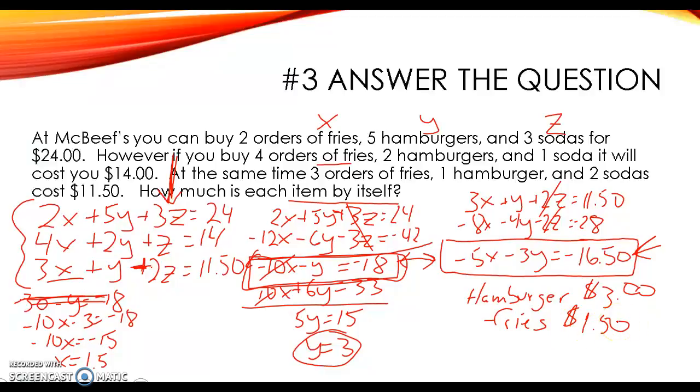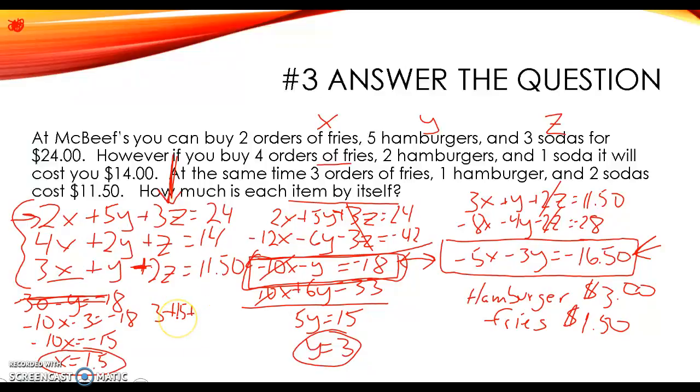Then I have one more that I need to find, and that is the sodas. So now I need to figure out what z is. And so I'm going to use this first equation. I have two x's. Well, that's 2 times $1.50, which is 3. Then I have 5 y's. 5 times 3, that's 15.